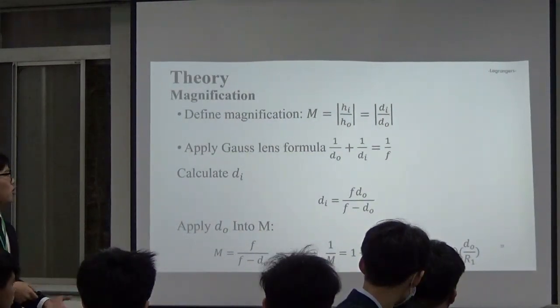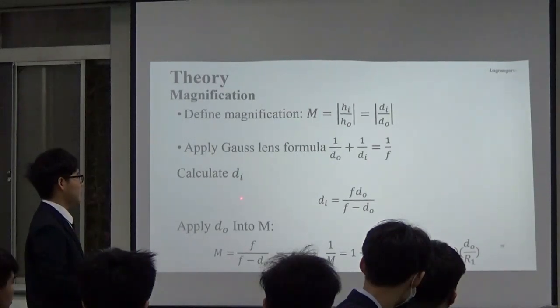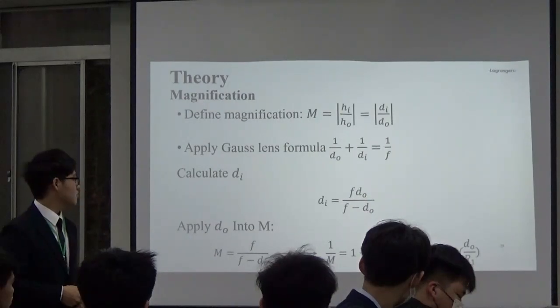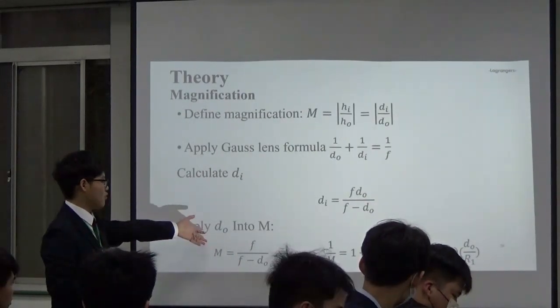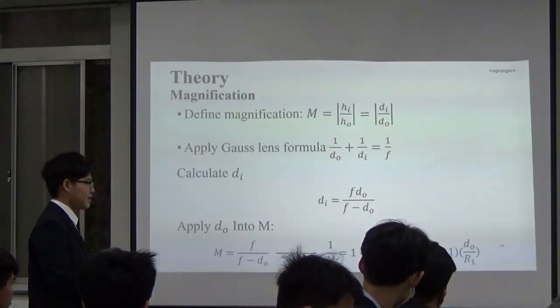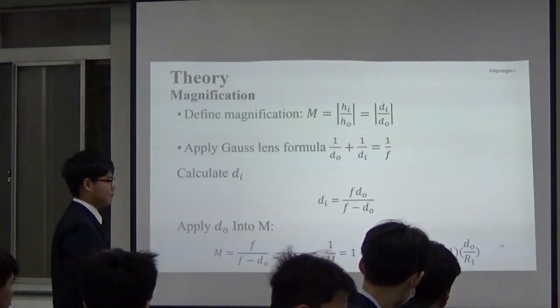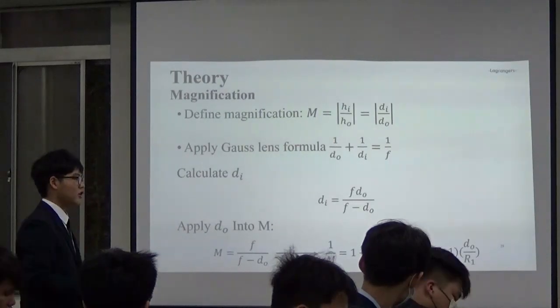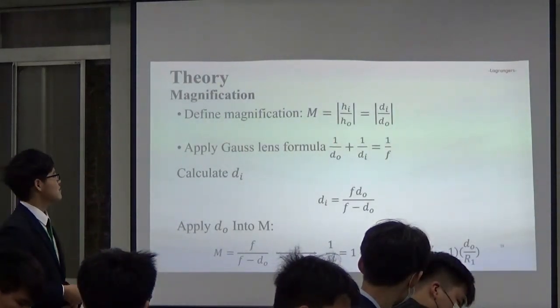We apply the Gauss lens formula and calculate the image distance right here. Putting this into our formula, we get this correlation, which has an intercept of 1, which we will be talking about in our data analysis.